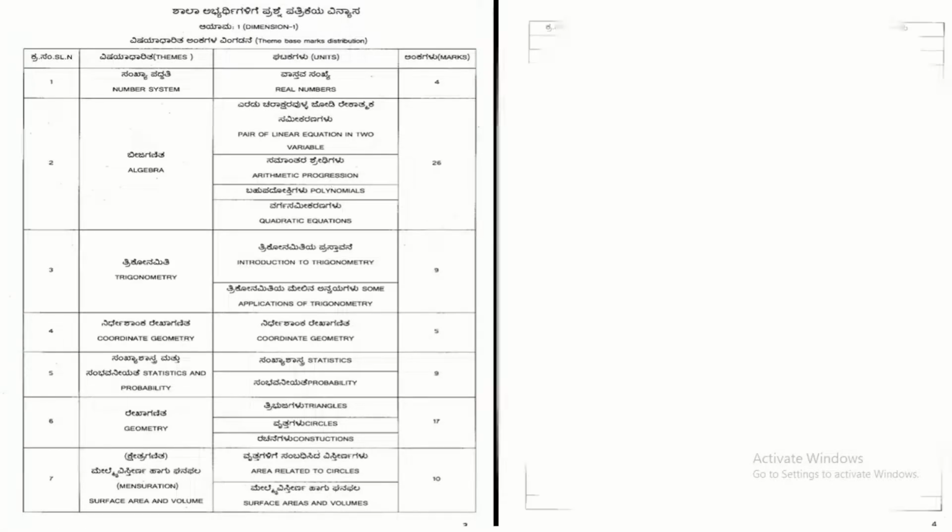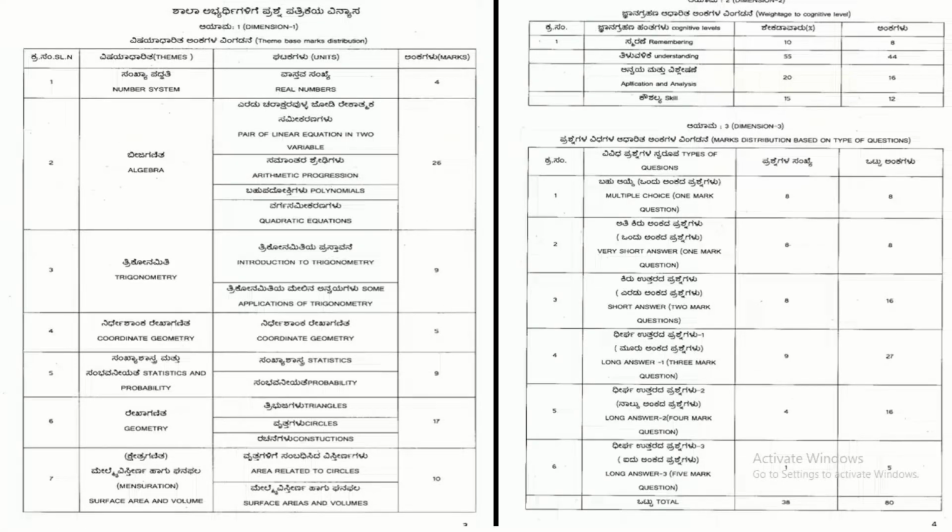So I take the blueprint of 2019-20, that is based on the theme based marks distribution and also the weightage to cognitive level, and also the weightage based on the type of the questions and also difficulty level.